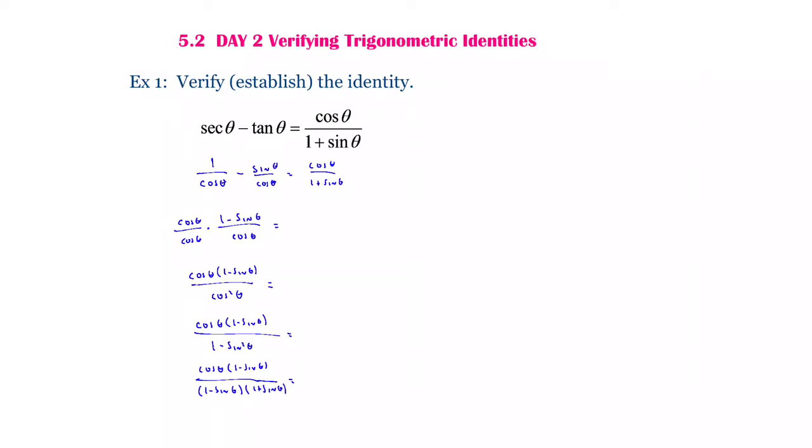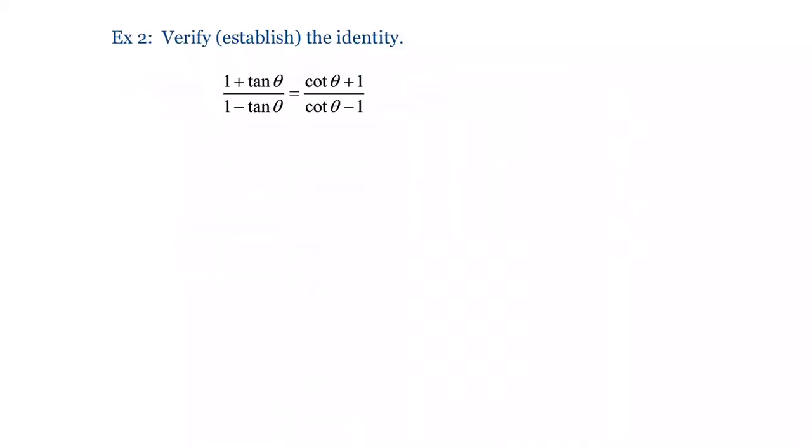So you'll notice that now the 1 minus sine of theta does cancel. And so now all you're left with in the numerator is cosine of theta, and then in the denominator, 1 plus sine of theta, which was exactly what we were trying to get. So we have established or proven that secant of theta minus tangent of theta is equal to cosine of theta divided by 1 plus sine of theta.